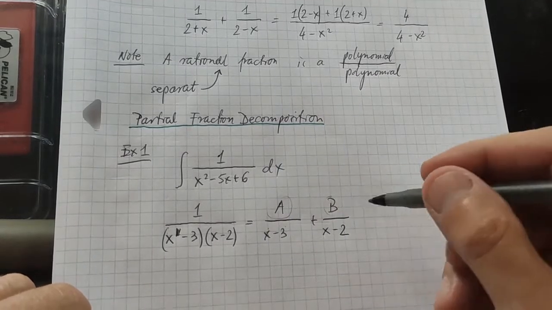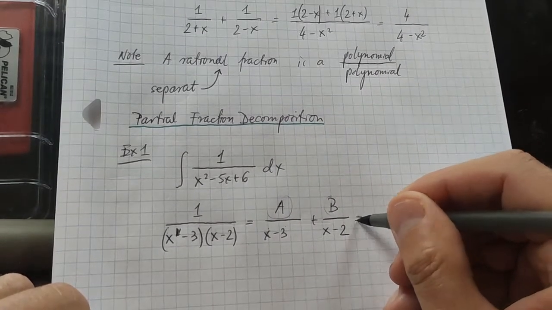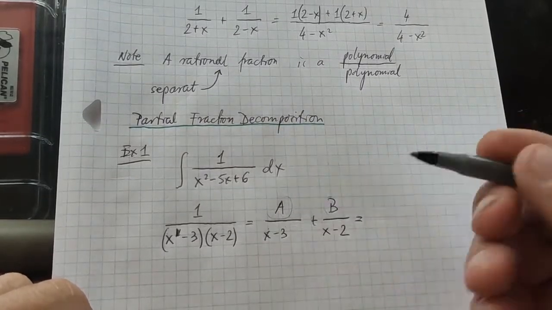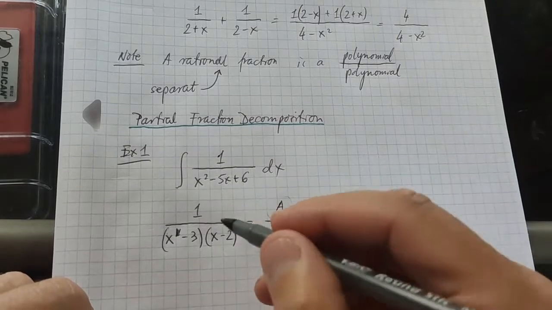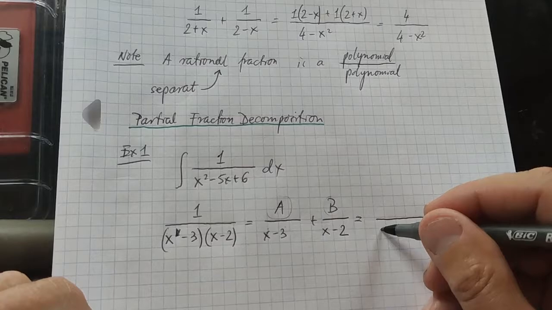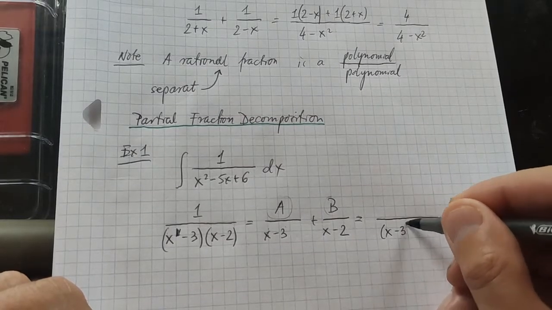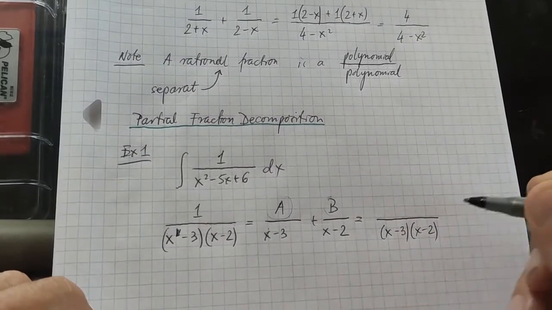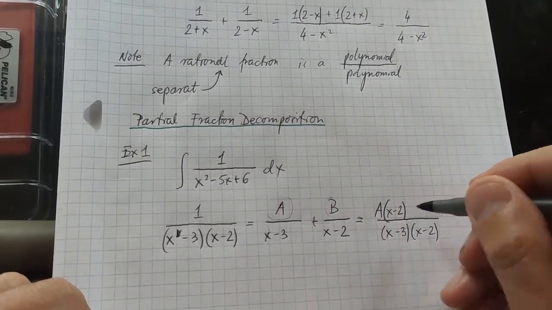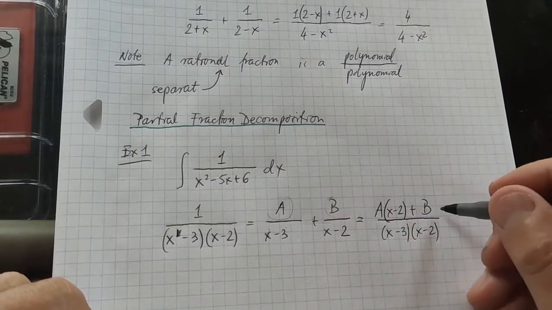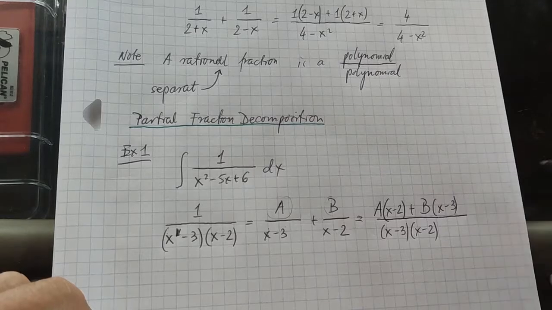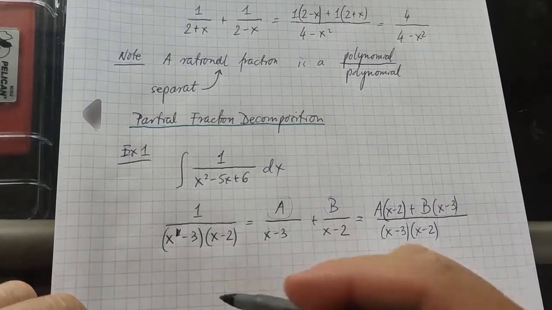So that's what I need to find, a and b, and we'll try to put it in this form with a and b. Now I'm finding the common denominator, x minus 3, x minus 2. So I need to multiply a by x minus 2 plus b by the other one, x minus 3.